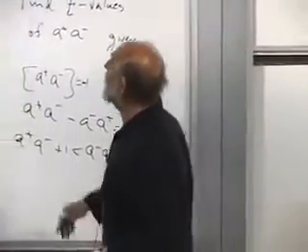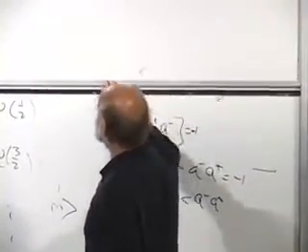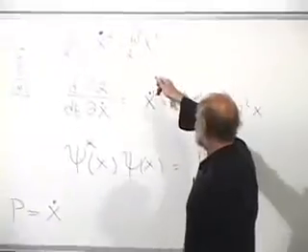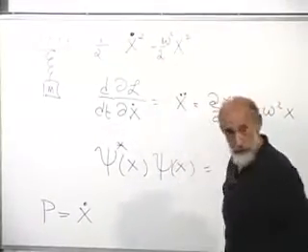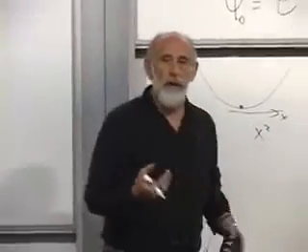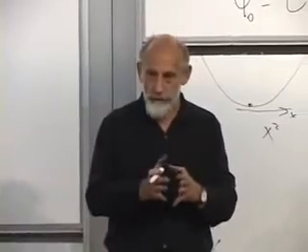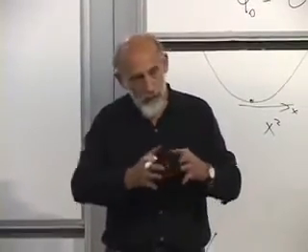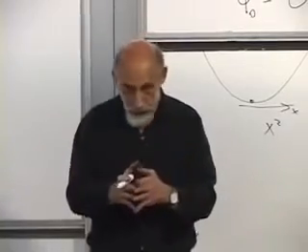Well, if you go back to the original definition of what omega is associated with, the square of omega is the spring constant. The tighter the spring constant, the more tightly the oscillator is held to the origin. The more tightly it's held to the origin, the less spread the wave function will have.